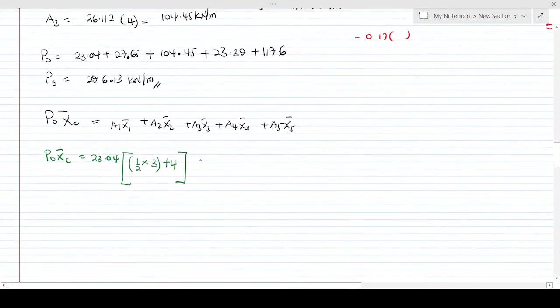So then plus 27.65, that one too, and we have one third of 3 also plus 4, then plus 104.45 as E3, which is one third and half of 4 because it's a rectangle.